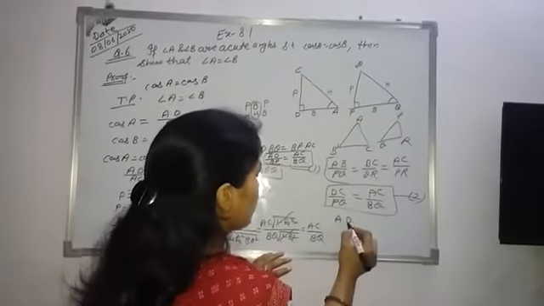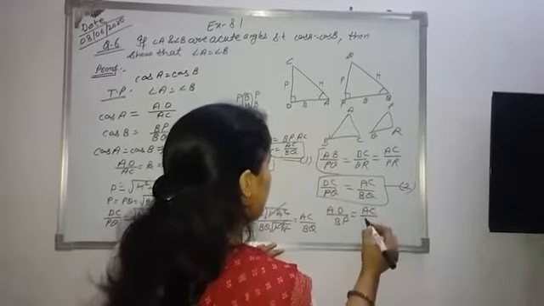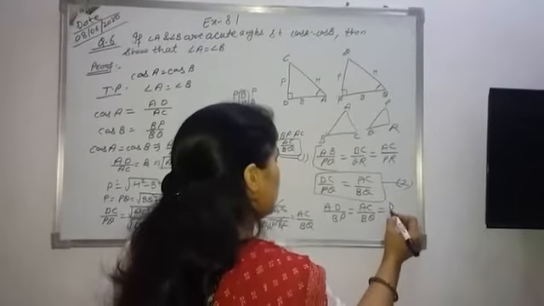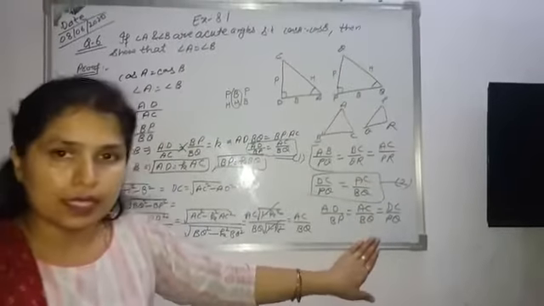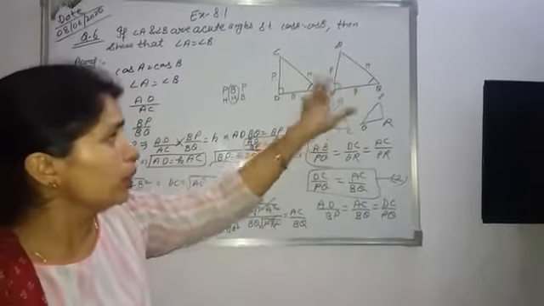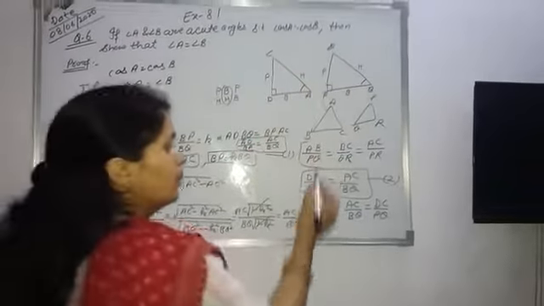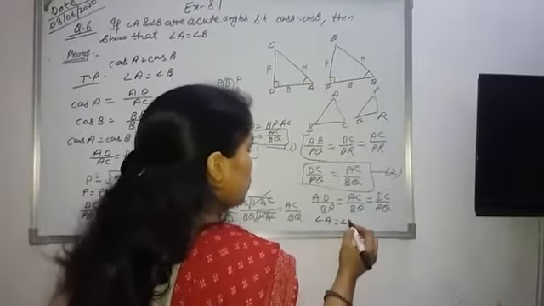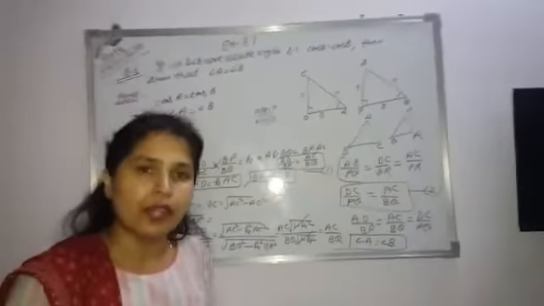So AD divided by BP is equal to AC divided by BQ is equal to DC divided by PQ. And when we obtain this condition that the ratio of their corresponding sides are equal, then we can say that angle A is equal to angle B. We obtain this condition with the help of similar triangles.